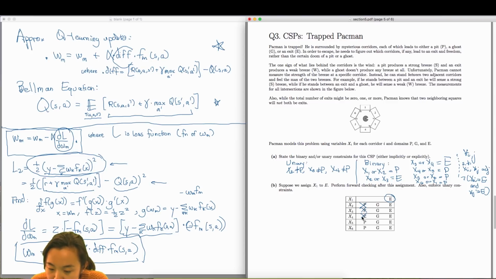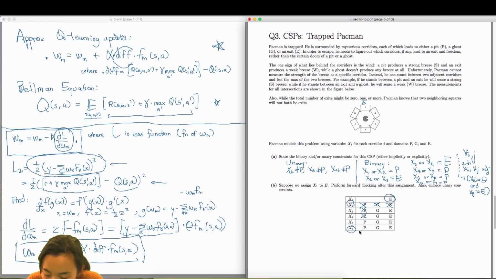So that will be x2 and x6 for x1, because those are the corridors next to the first corridor. And for each of those variables, you want to prune the domain of any values which conflict with the value you just assigned. So if we look at x2, x2 cannot be a ghost if x1 is an exit. Otherwise, we wouldn't have a strong wind at the intersection of those two corridors, and it cannot be an exit either.